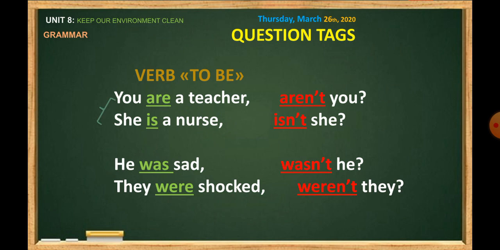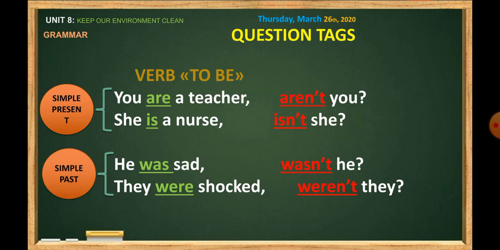And here you have these two examples. The verbs are is. This is verb to be in the simple present. And in the other examples, was, were. This is verb to be in the simple past. Okay? If the verb to be is in the simple present, we start with the first one. You are a teacher, aren't you?